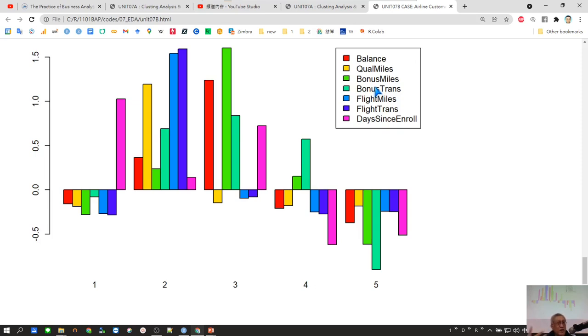So by looking into these characteristics, you can tell the difference from group to group. This is a good clustering.